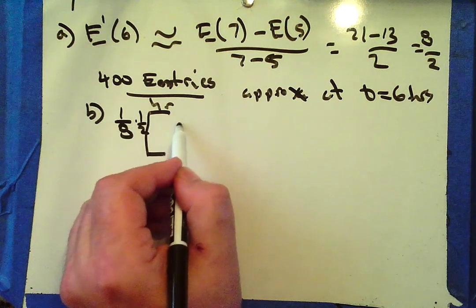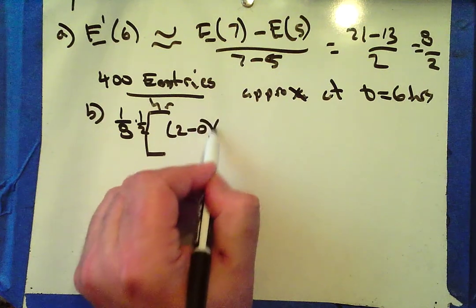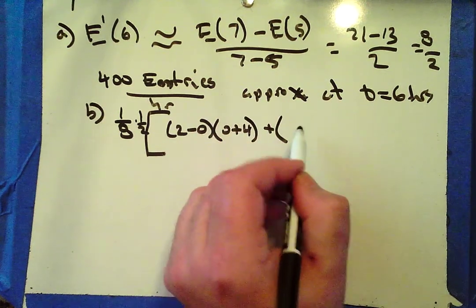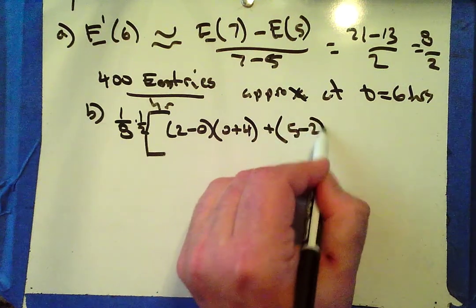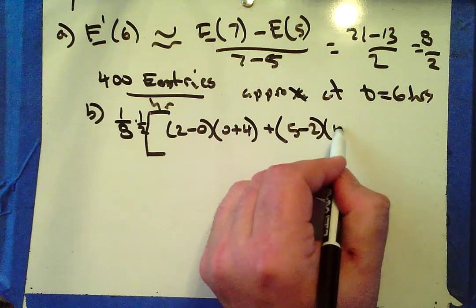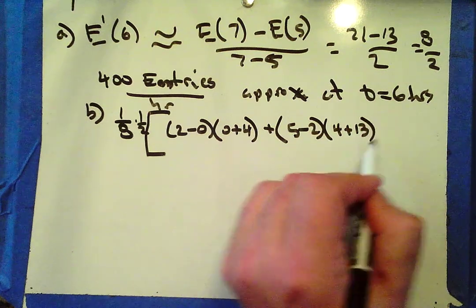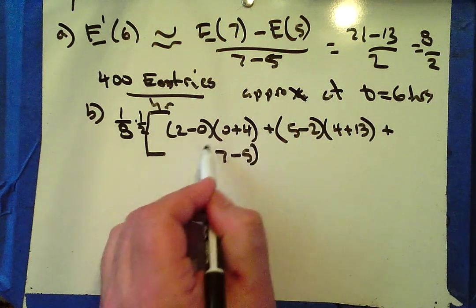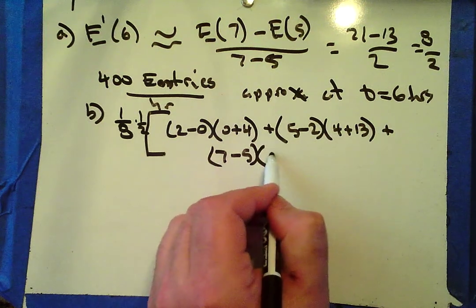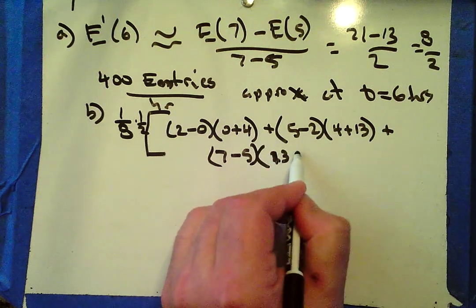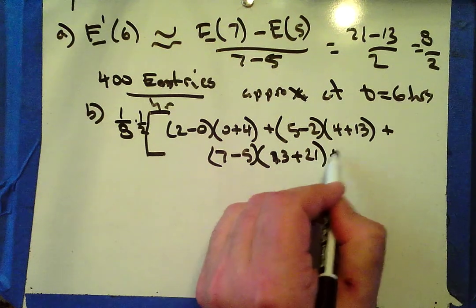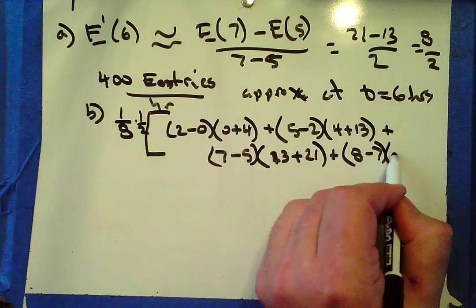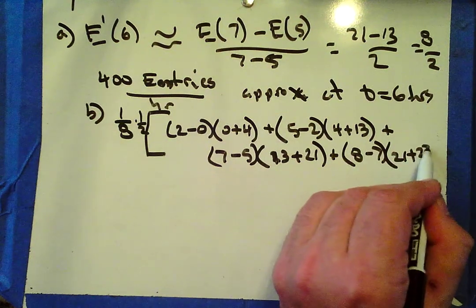So we've got 2 minus 0 times base 1 plus base 2. And then 5 minus 2, base 1 plus base 2. And then 7 minus 5 times base 1 plus base 2. And then finally, 8 minus 7, 21 plus 23.